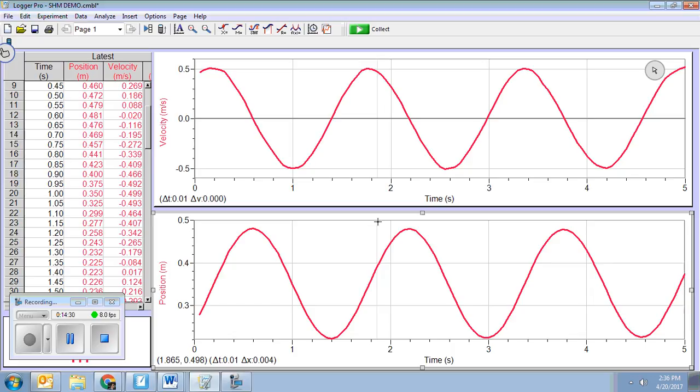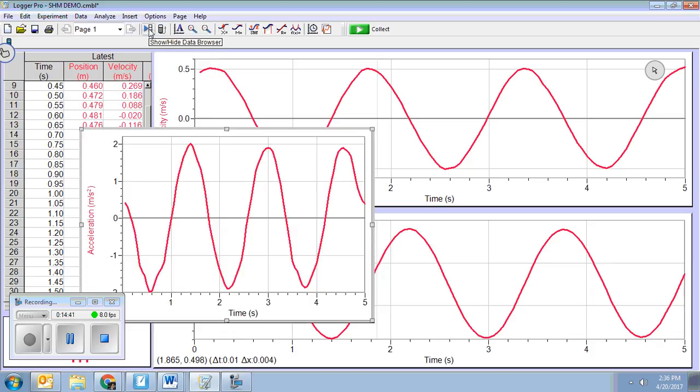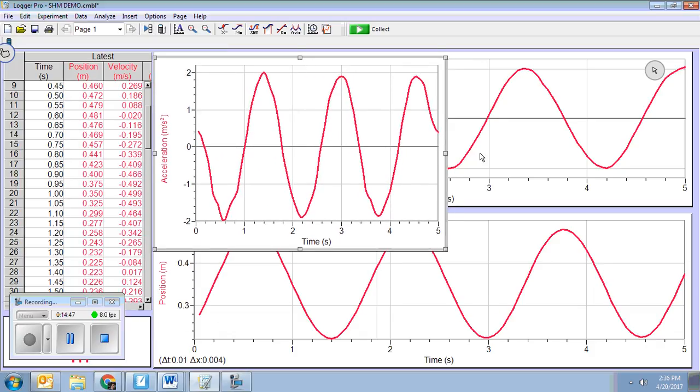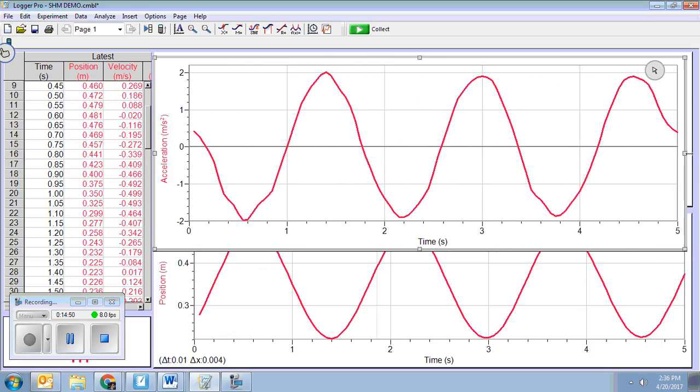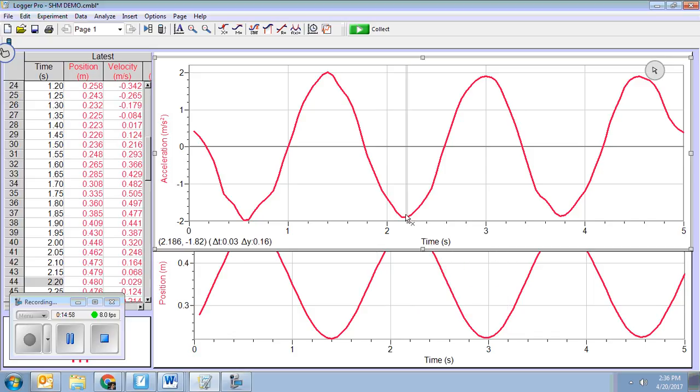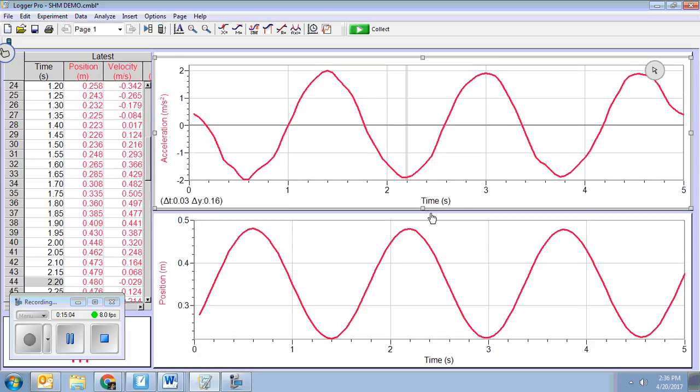It should look like the negative of the position graph, right? Because it's negative omega squared times xm, right? Okay, so let's do that. Let's do insert graph. There's my acceleration graph. Cooperate with me. There we go. And there it is, basically the inverse of our position graph, right? Yep. Cool. All right.